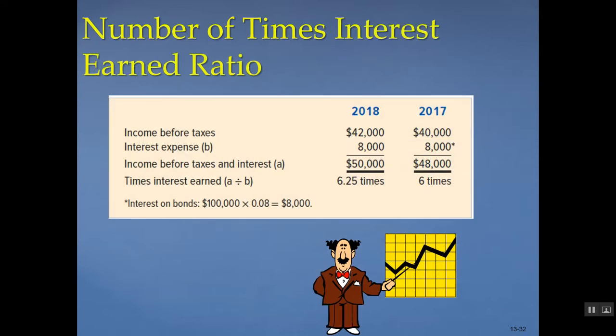So here's the number of times interest earned for the company for 2018 and 2017. Obviously, interest is paid only once, but the more times it can be paid, the bigger the company's safety net. So they're in a better position in 2018 because they're able to pay off their interest 6.25 times with the earnings that they have.